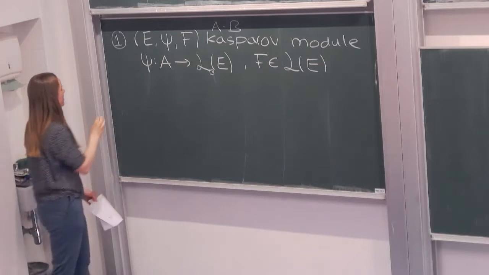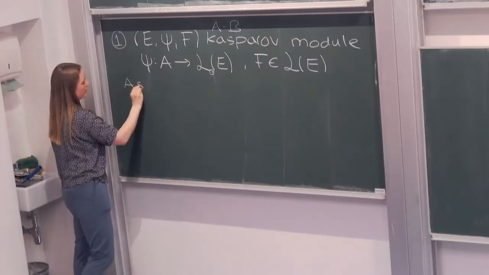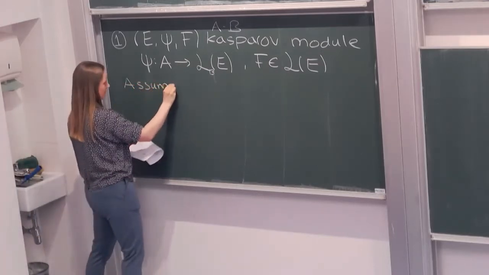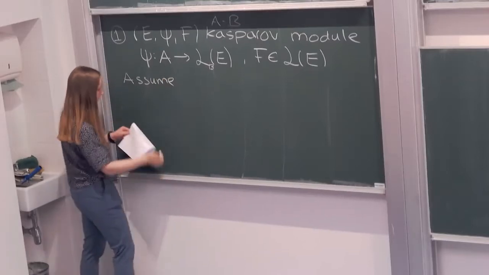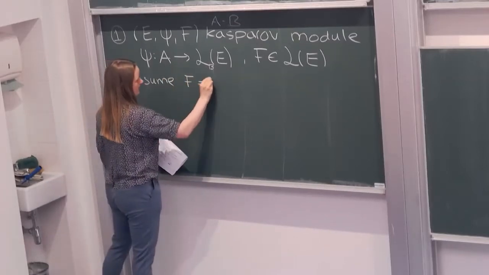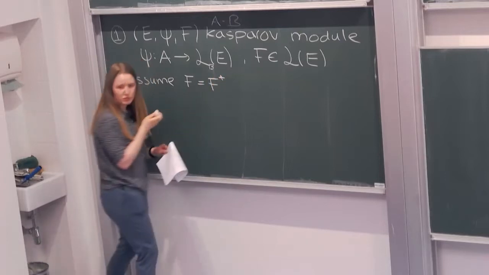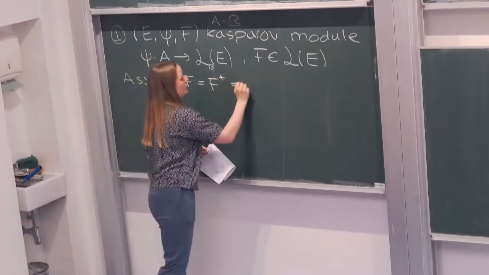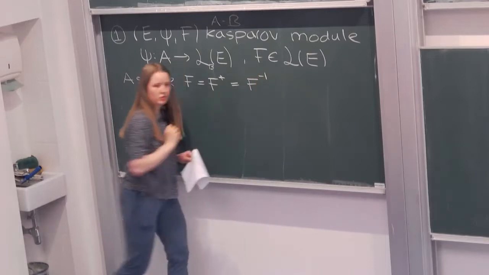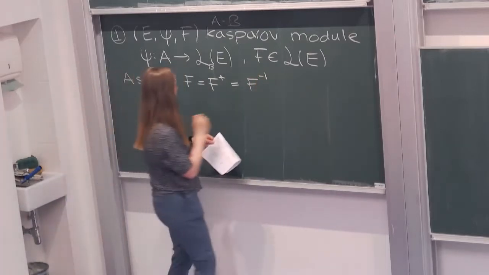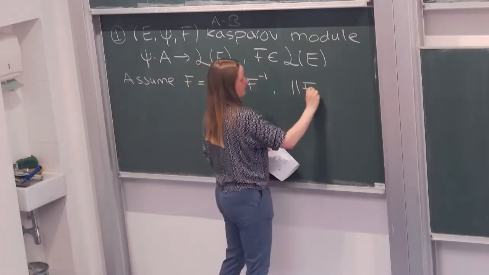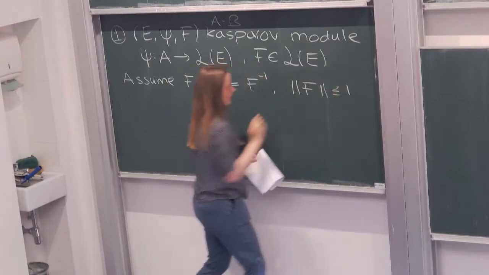So first we can assume that F is self-adjoint, and it also equals its inverse. We can also assume that the norm is less than or equal to 1.